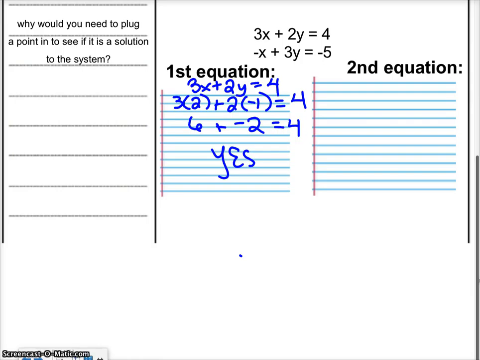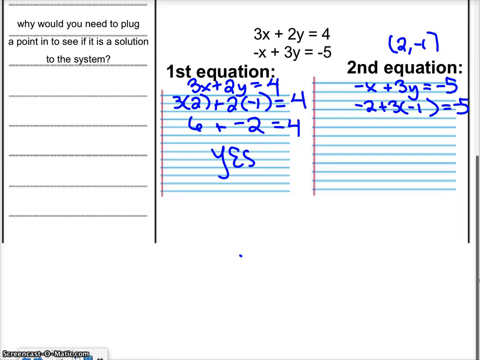Now I got to check my second equation. And you won't have to do this today. This is just in case you like to check your work. So here's my second equation. The point was 2, -1. So I'm going to put my 2 where the x is, my -1 where the y is.